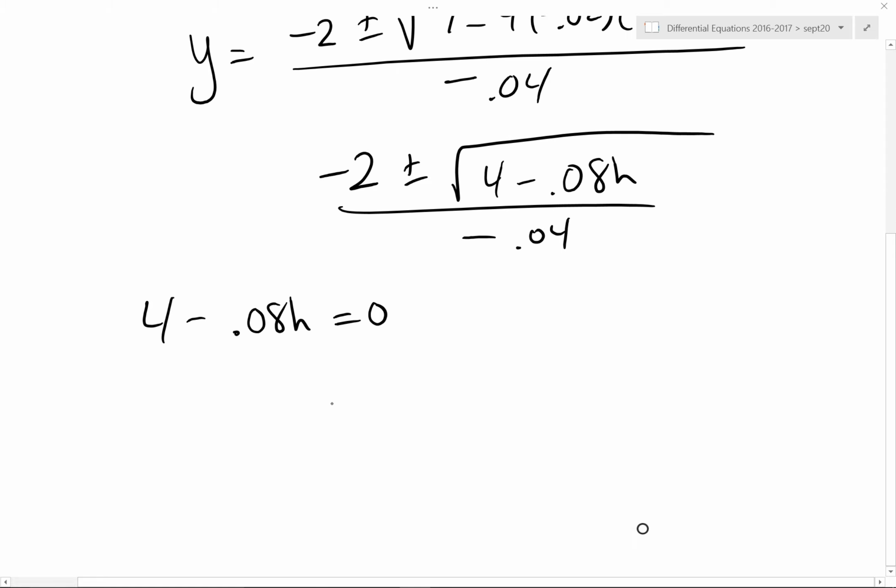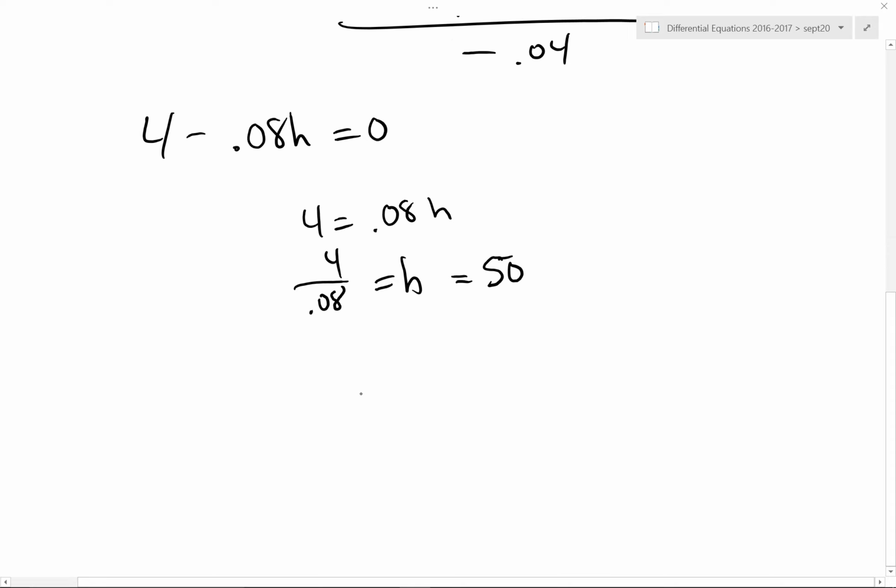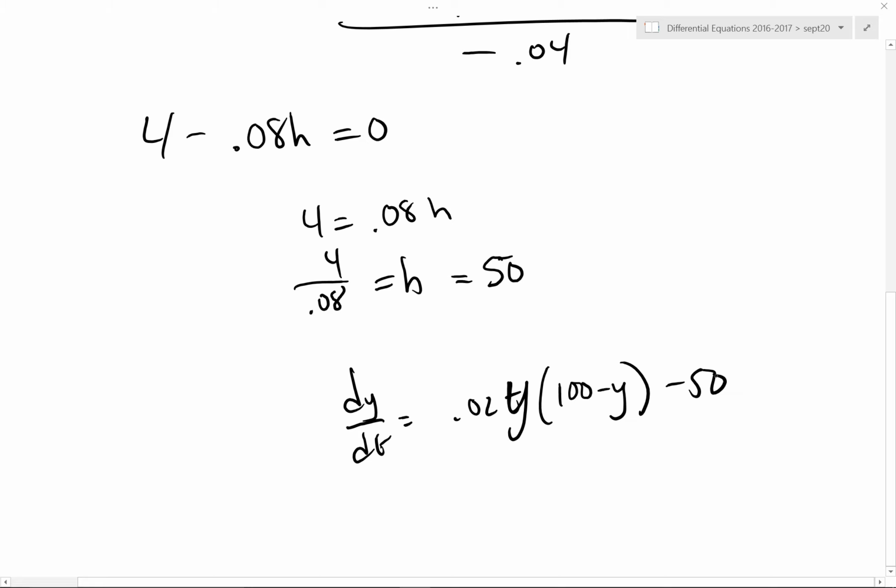So first of all, I would get 4 equals 0.08h, and then h is equal to whatever this is. I can't do that in my head. 50? 50. h is 50. Well, that's weird. Now, let's look at the slope field, shall we? In other words, if we had dy/dt equal to 0.02 y times (100 minus y) minus 50, what would that do for us?